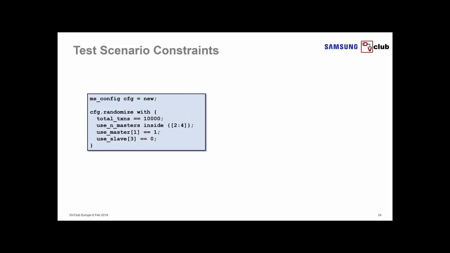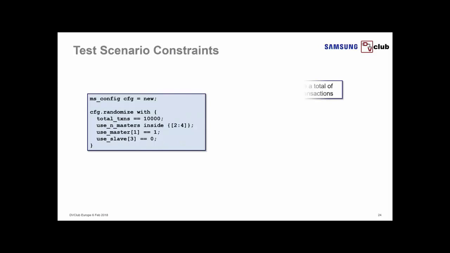And so now that we have this constraint model, we can constrain the number of transactions per master per slave. We can control whether we use certain masters or not. Now we can write a test scenario that will steer the stimulus towards what we're trying to do in any particular test.